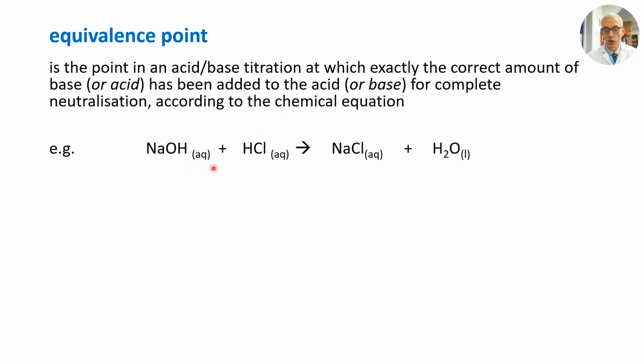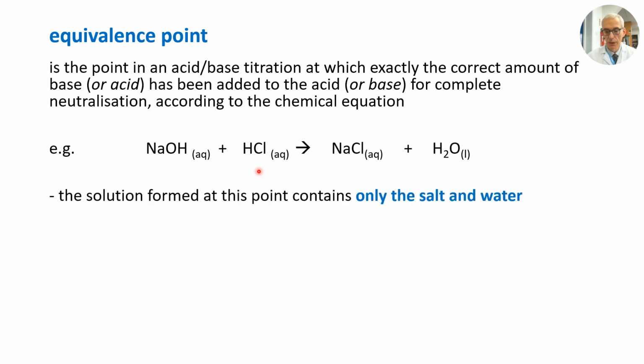So sodium hydroxide and hydrochloric acid gives us sodium chloride and water. So the same numbers of moles of sodium hydroxide as hydrochloric acid have been mixed together. So we have complete neutralization.